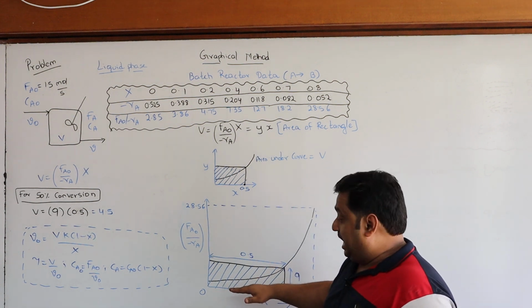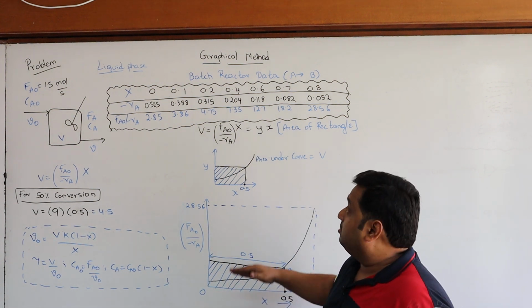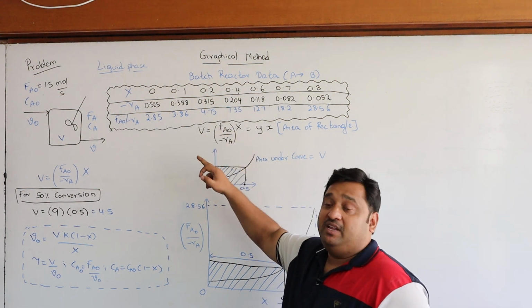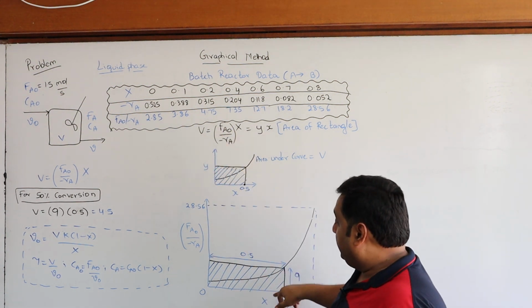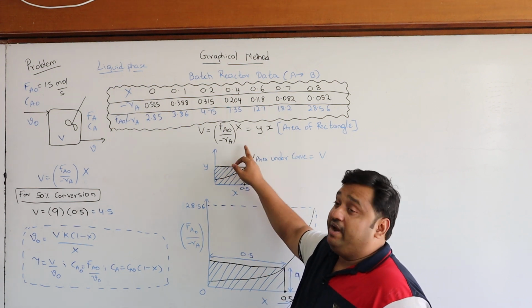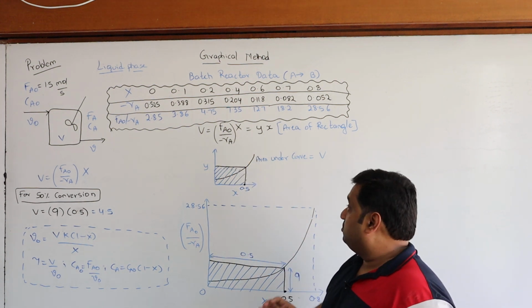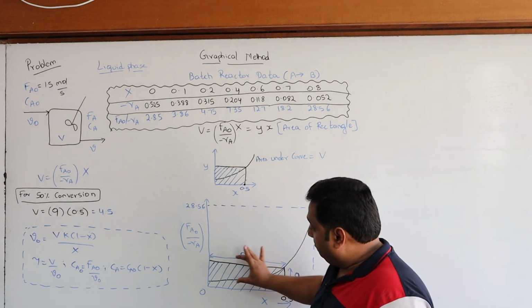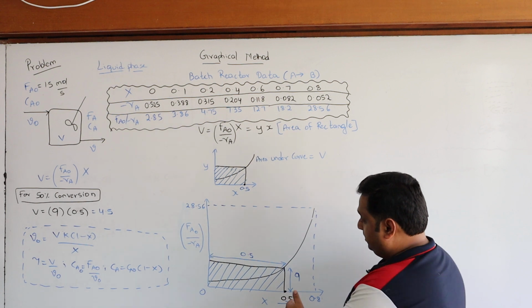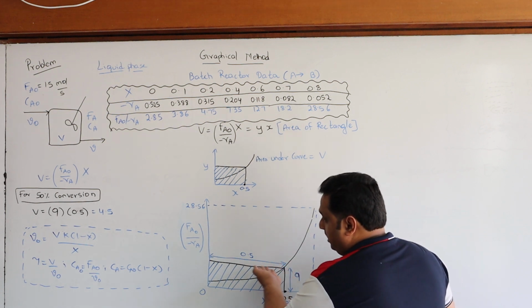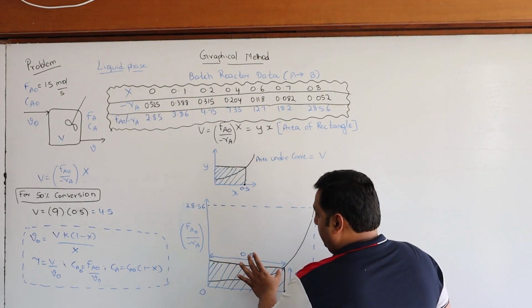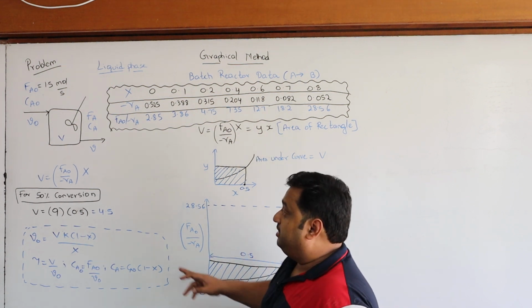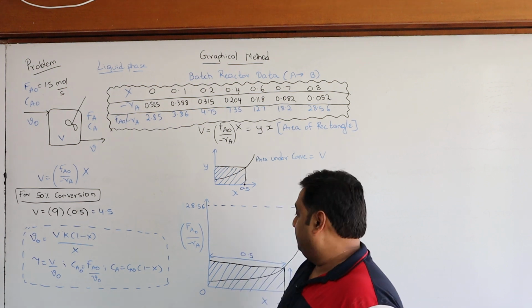You cannot calculate the area under the curve because there is no integration here. Only when there is an integration symbol do you have to take the area under the curve. There is no integration in this equation, so the volume is nothing but the area of this rectangle, that is, the complete box, which is the volume of the CSTR.